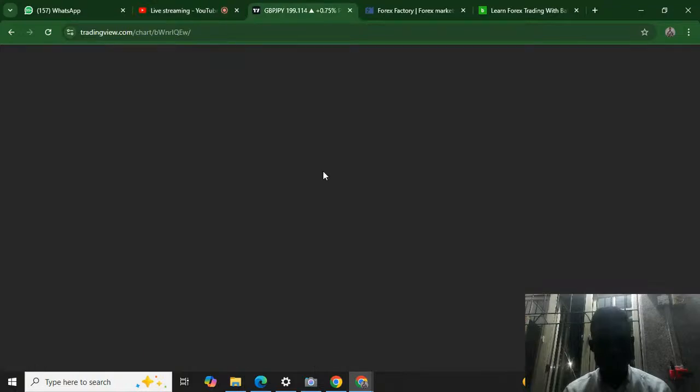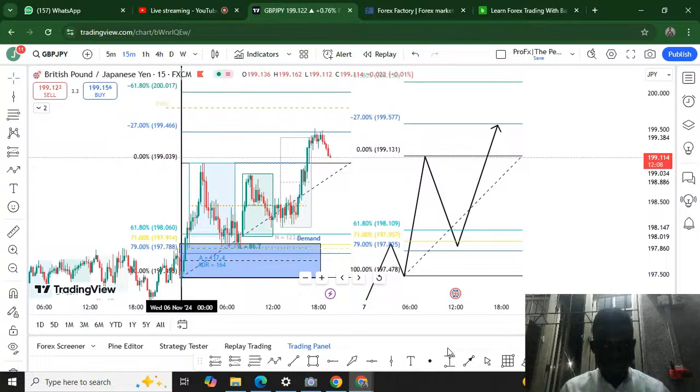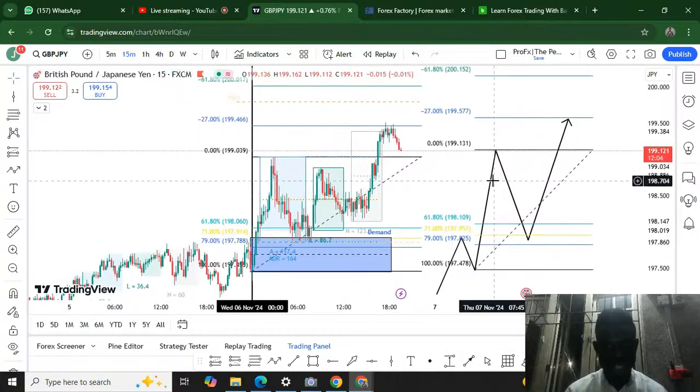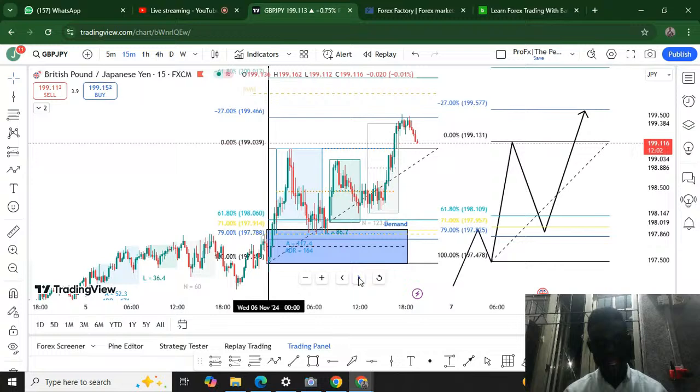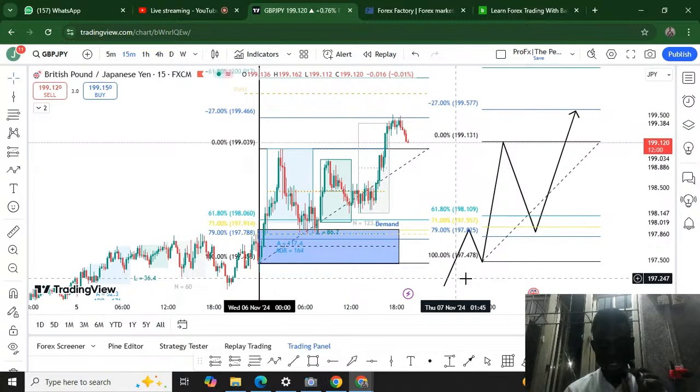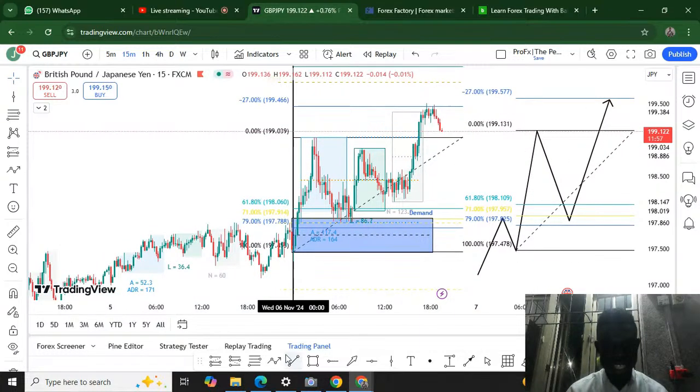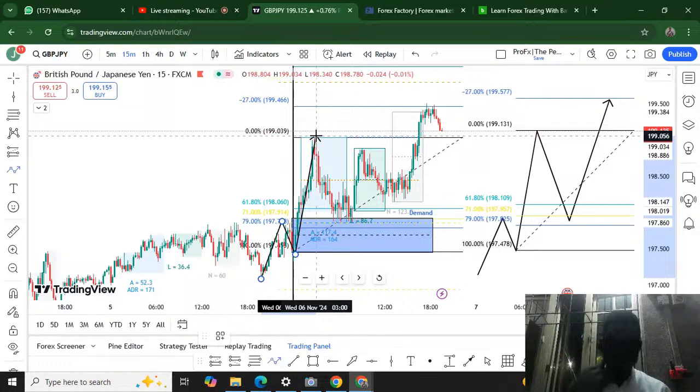For the DJ, see, this is it now. For DJ, we came into today with a bullish direction. We came into Wednesday with a bullish direction.